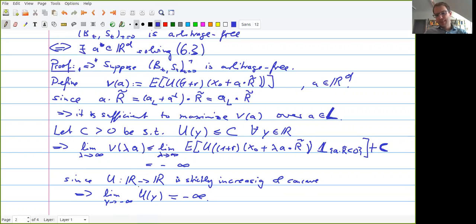So if I take any trading strategy, meaning a constant in R^d, and I scale it up to infinity, my expected utility goes to minus infinity. So this basically tells me I should not take too big trading strategies, or too big a position in the market.